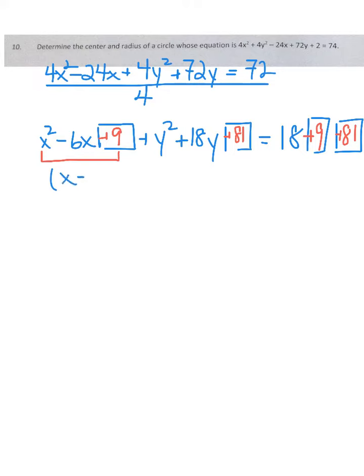So I'm going to write x minus 3, that quantity squared. Let me explain: if I factor this out, I'm going to get x minus 3 times x minus 3, which really is just x minus 3, that quantity squared. However, we can cheat and just take half of the b term, which would be a minus 3.